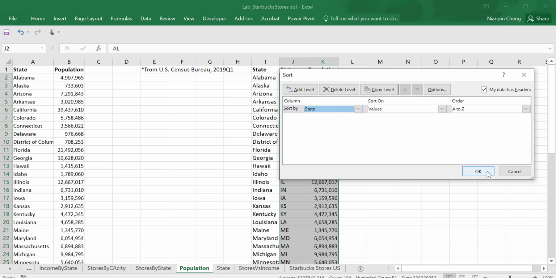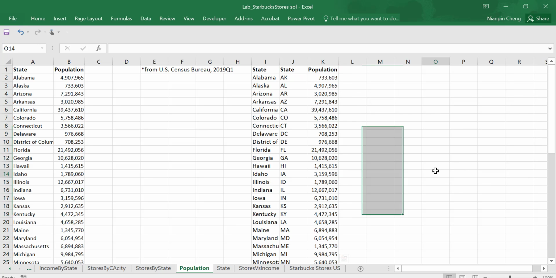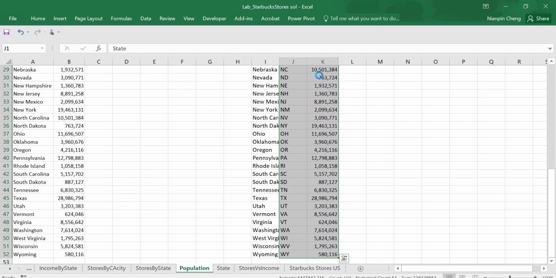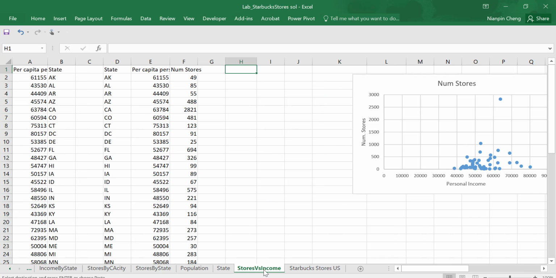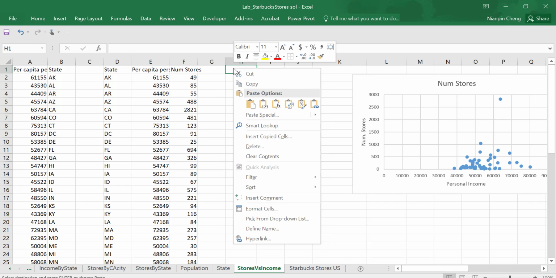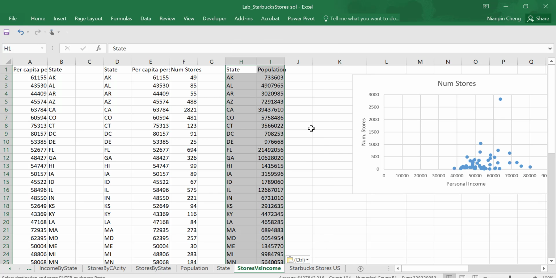We sort by state. And then we copy the data to the place we are interested in. Just paste. Yeah, it's always safe to paste as a value. Right click. So the state and the population.